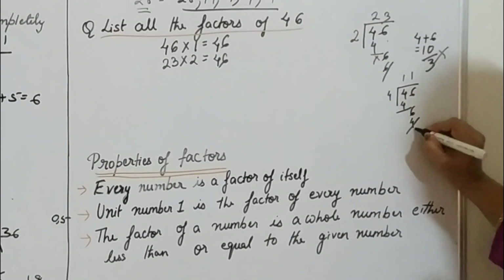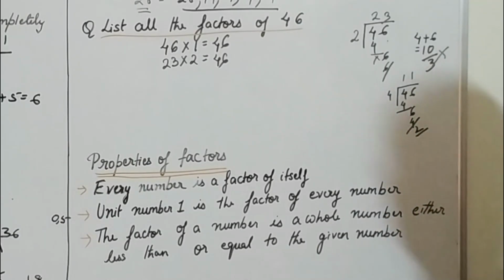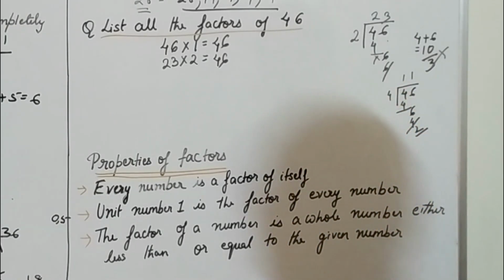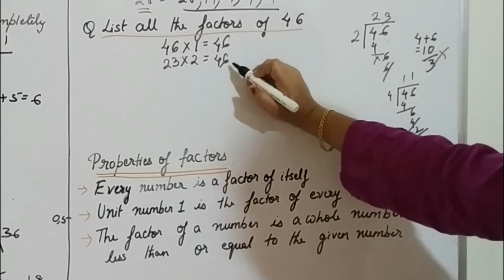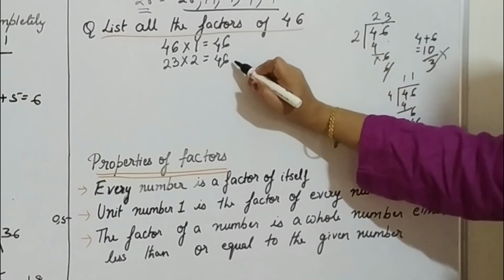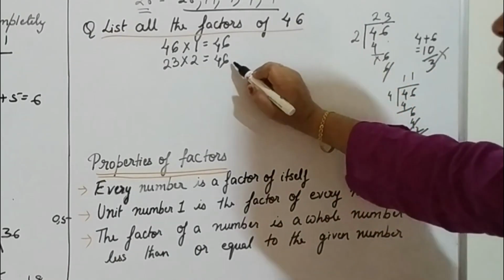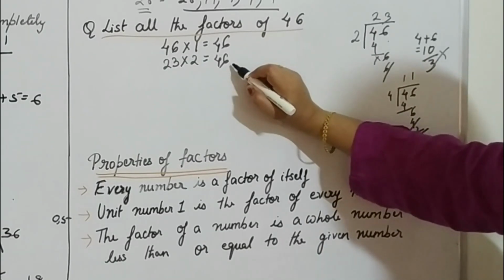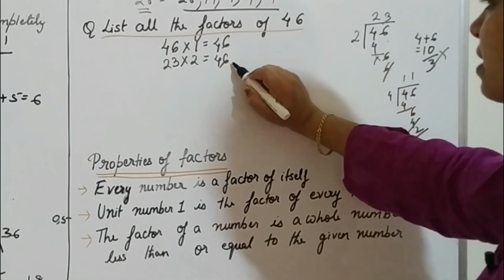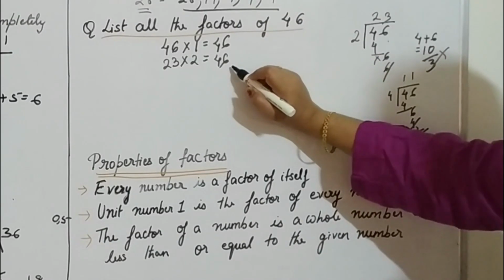The remainder is 2, so it will not be divided by 4 either. Then 5, it will not be divided by 5 because there is no 0 or 5 in this number. Then 6, in the table of 6 also 46 is not coming, 42 is coming. 6 7s are 42. Then 7, it will not be divided by 7 either.